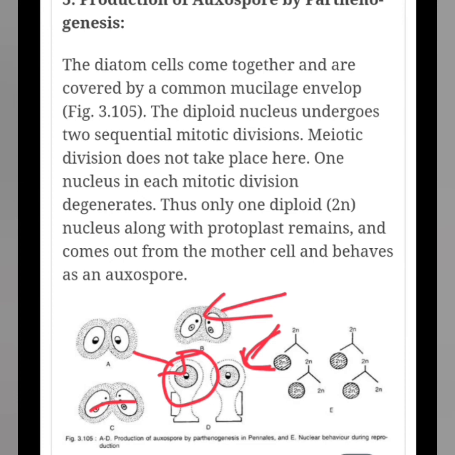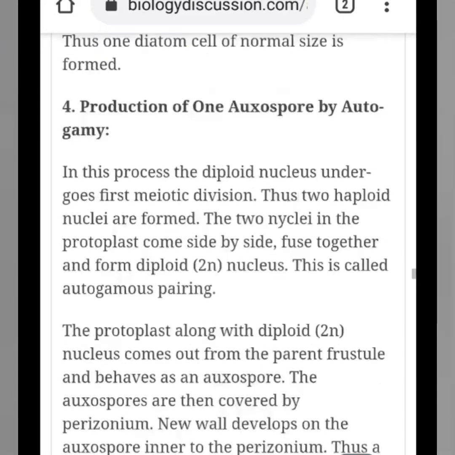All right, a new diatom cell. So that is why here we have two diatom cells. This process is usually known as parthenogenesis. That means the gamete itself is giving rise to a new individual without undergoing fusion. Just remember this, why it is known as parthenogenesis.